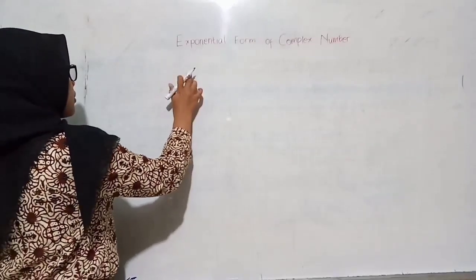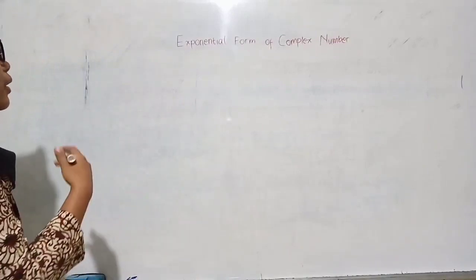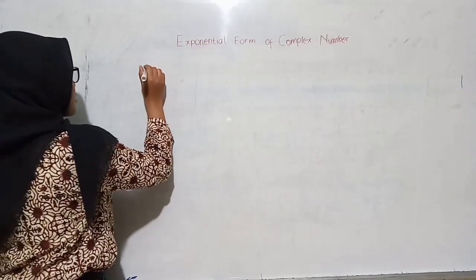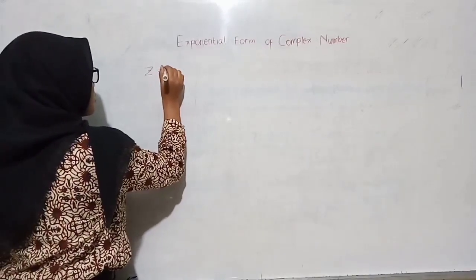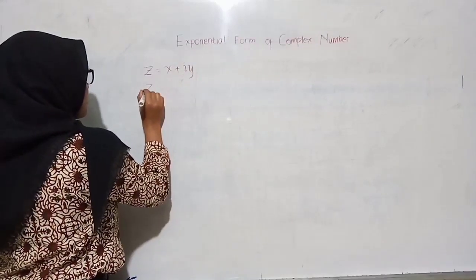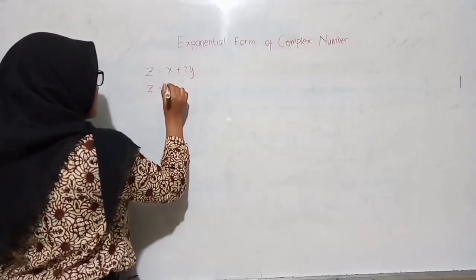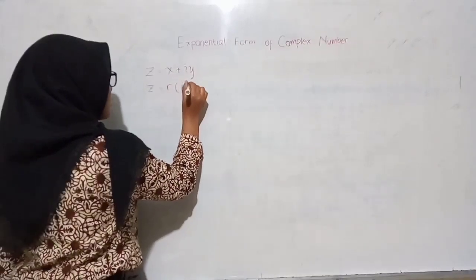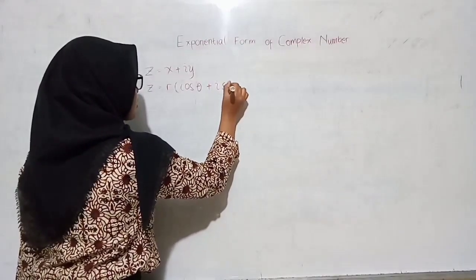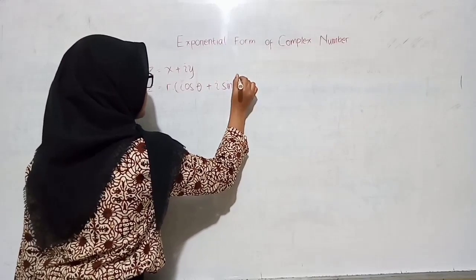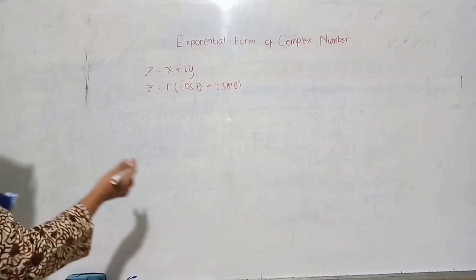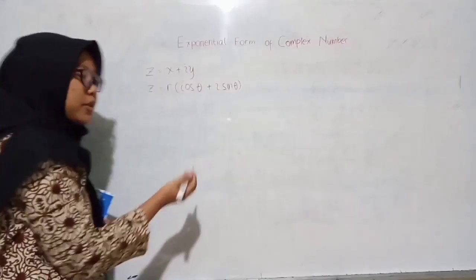Before this, we have discussed the Cartesian form, Z equals x plus iy, and the polar form, which is r (cos theta plus i sin theta). And then in exponential form, we have the Euler formula.